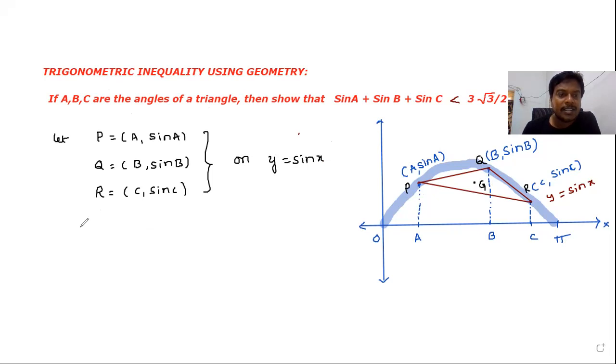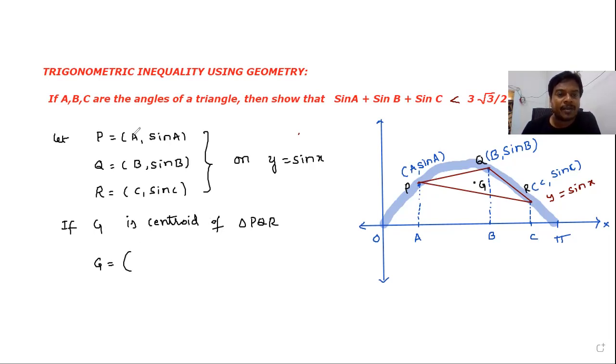Now I am going to find the centroid of the triangle PQR. Let G be the centroid of triangle PQR. Then I can write the coordinates of G clearly by the formula: summation x1 by 3, comma, summation y1 by 3.